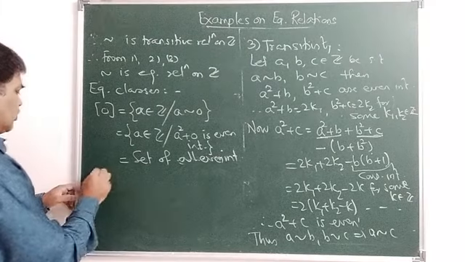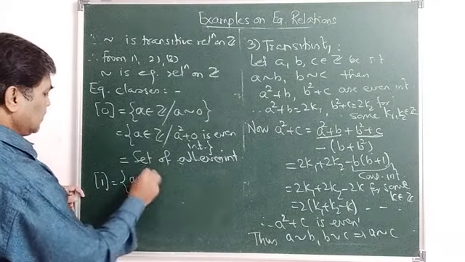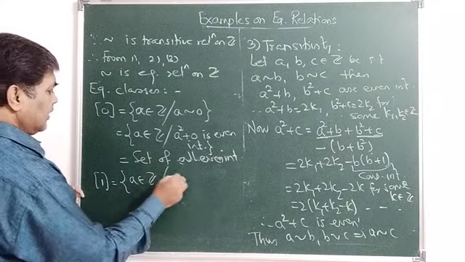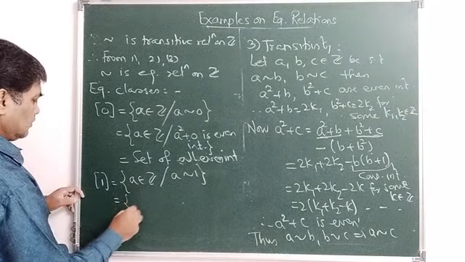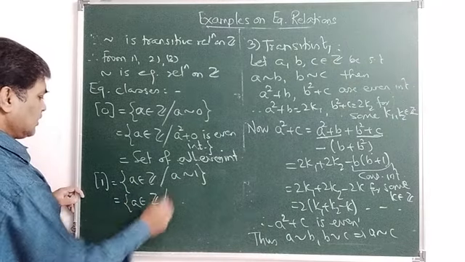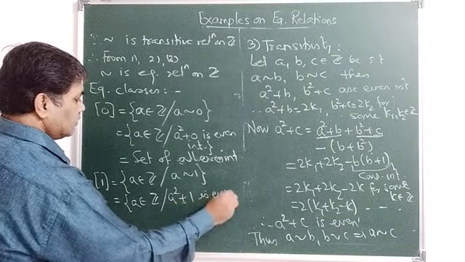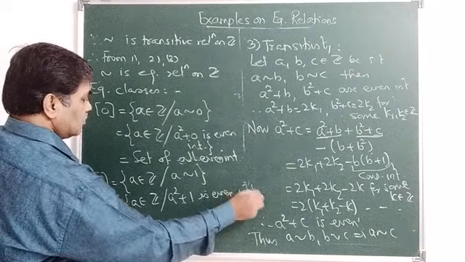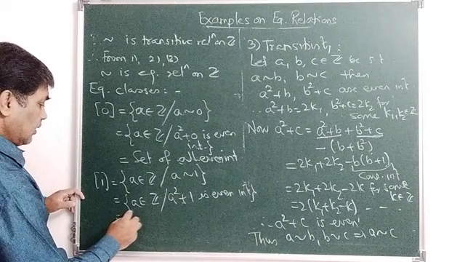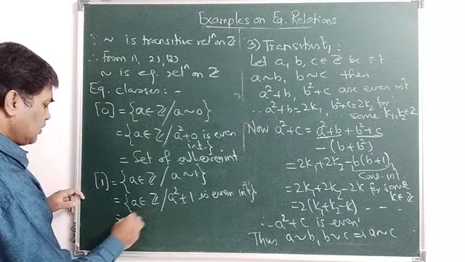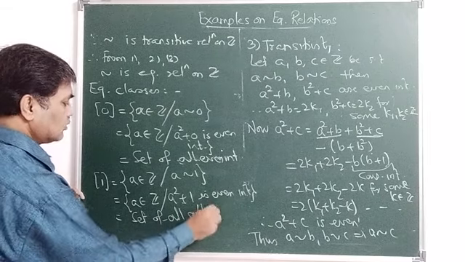If I take the equivalence class of 1 now, a belongs to Z such that a is related to 1, that is, a belongs to Z such that a square plus 1 is even. So this must be the set of all odd integers.